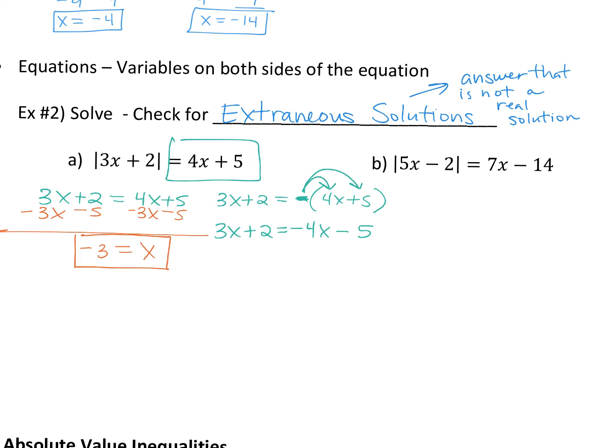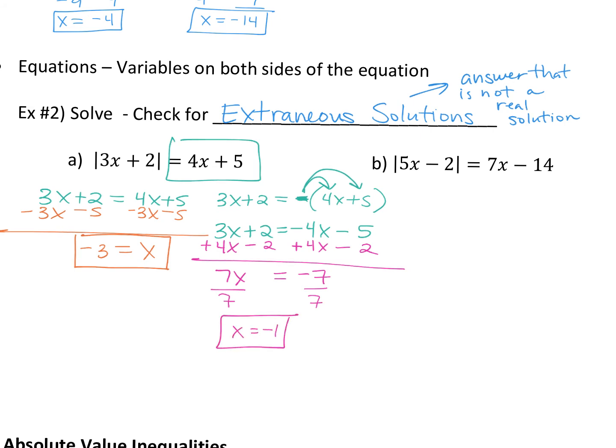I would add 4x. So if I add that, that's 7x. I'm going to take away the 2. Bring down your equal sign. So negative 5 minus 2 is a negative 7. And then divide by 7. So x is negative 1.